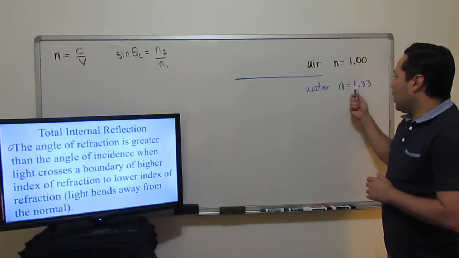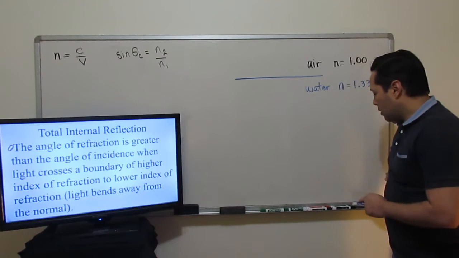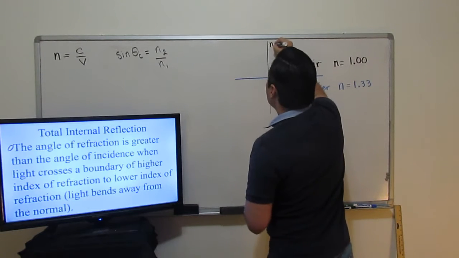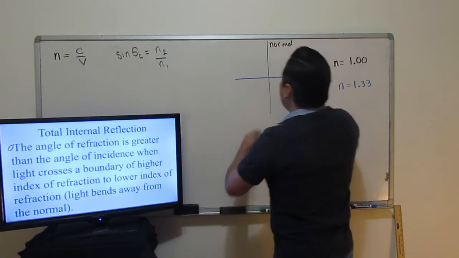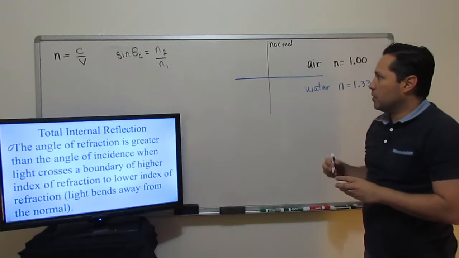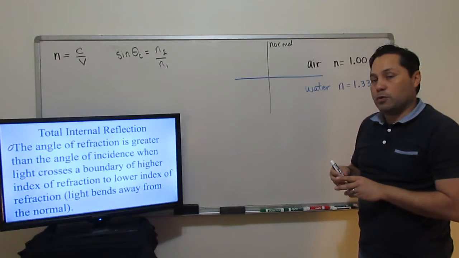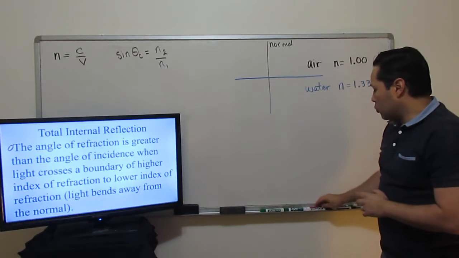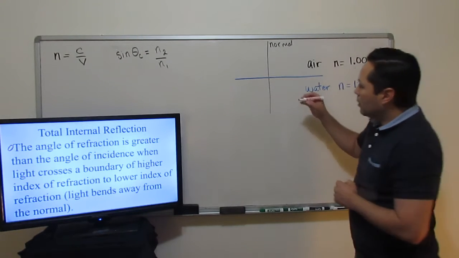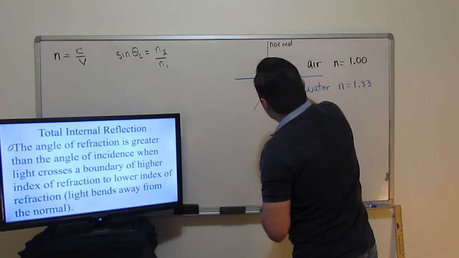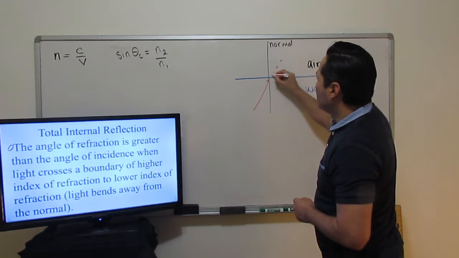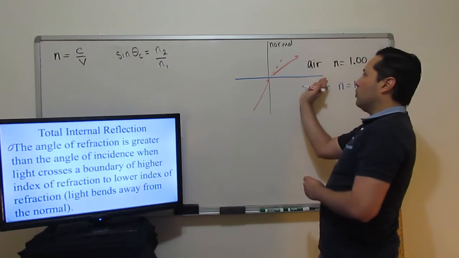Notice that water has a higher index of refraction than air. Our normal is an imaginary line that is perpendicular to the surface, or to the boundary. In this case, the surface of the water is our boundary. So if you were to shine a light from the bottom, rather than keep going straight, it's going to bend away from the normal.